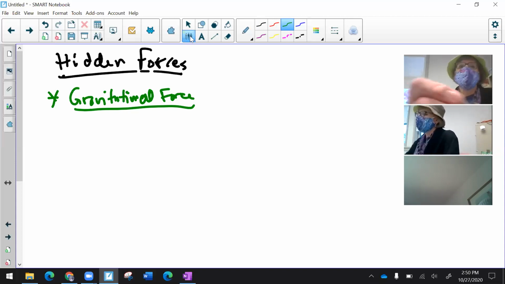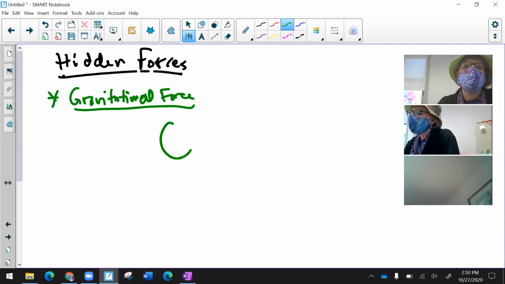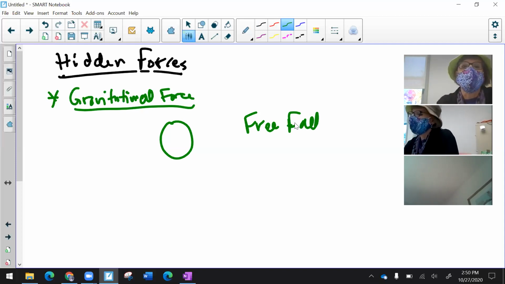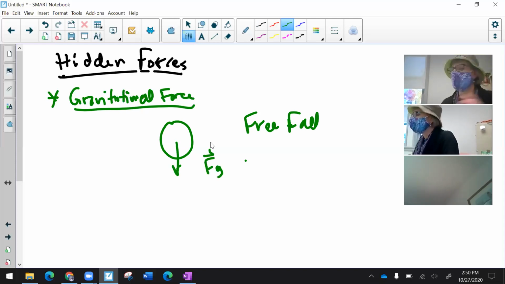We talked about this a little bit yesterday, but if I have an object that's in free fall, what's the only force acting on that object? Right, the gravitational force. So the only force acting there is going to be Fg.